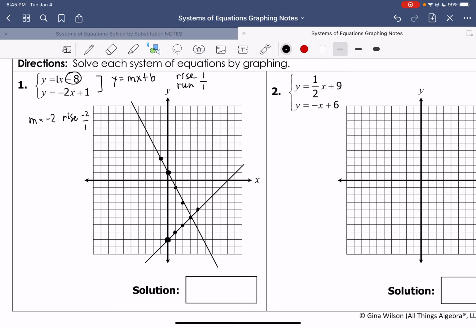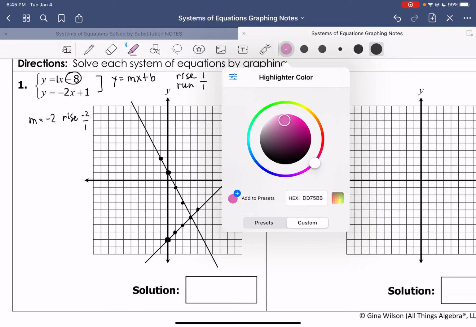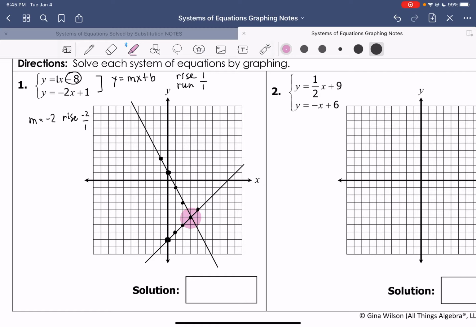So now we have our two lines graphed, and we see that they intersect. I'm going to highlight. So where that dot is, that pink dot, that's where the two lines intersect. And that is the solution to the system.